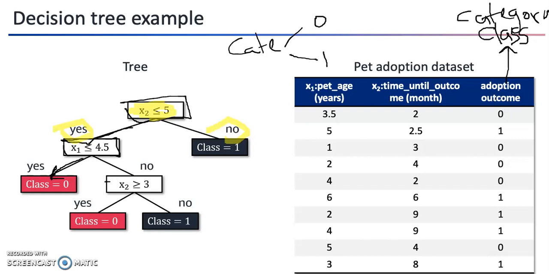If it is a no, then it is another condition based on the value stored in the second feature, the second column, about being equal to 3 or greater than 3. If that is a yes, then the categorical value takes a value of 0. If it is a no, then the categorical variable takes the value of 1.